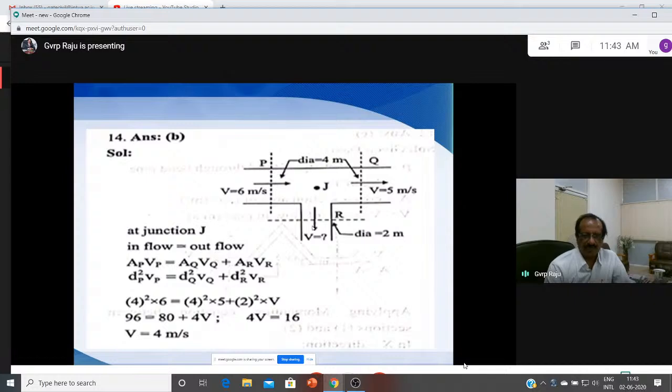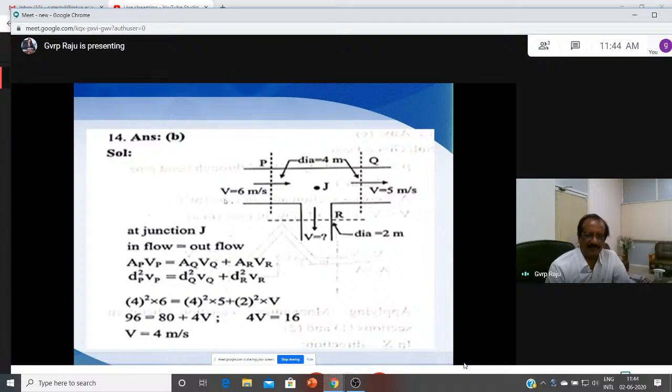Q is equal to area and velocity. So area is pi by 4 d square. You have pi by 4 d square on each term, so you can cancel pi by 4 on both sides.